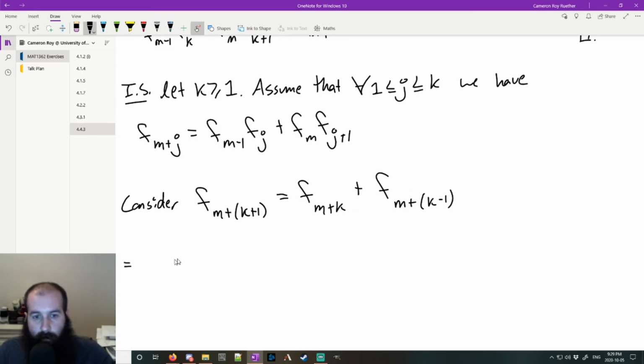So this is equal to, well, if j is equal to k, we get the following. And if j is replaced with k minus 1, this second term becomes this.